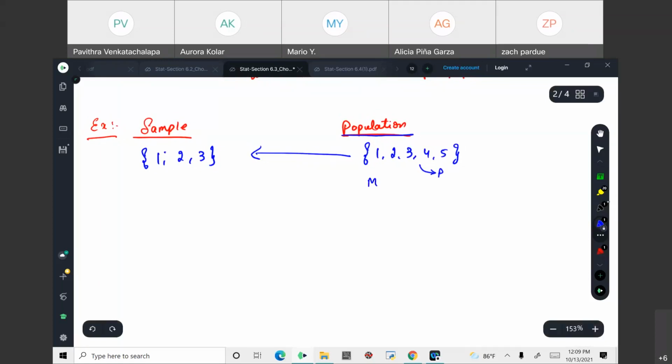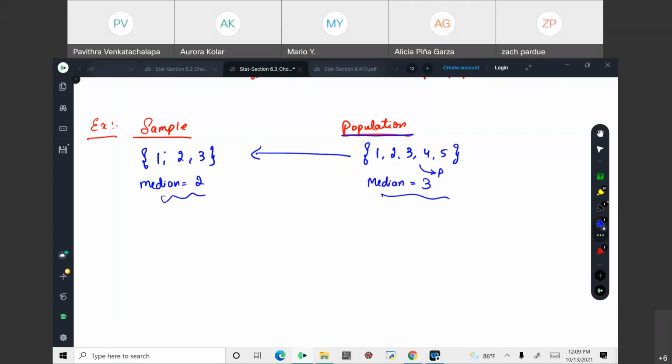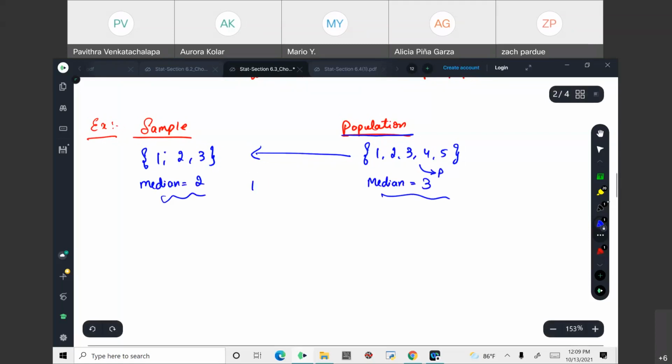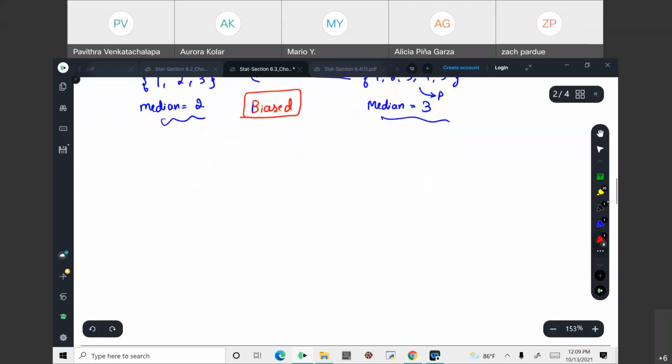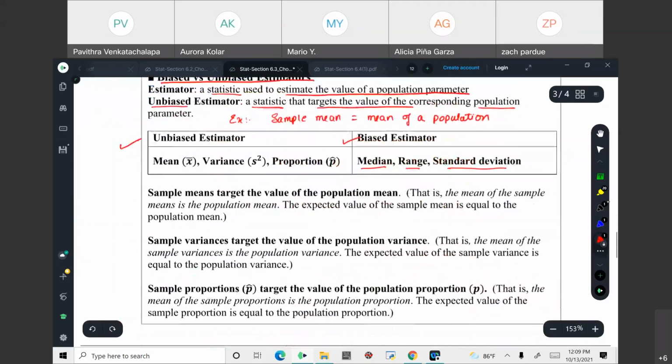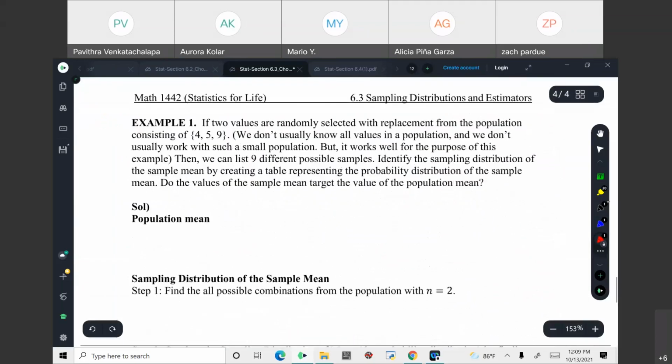Now here what is the median? 3, and here the median is 2. So as you can see, both are not the same, and that is why we call this estimator biased. What about the mean? We have an example based on that. So let's do that so you will understand.